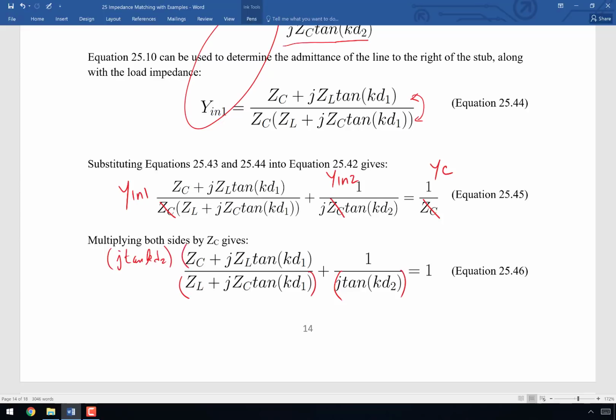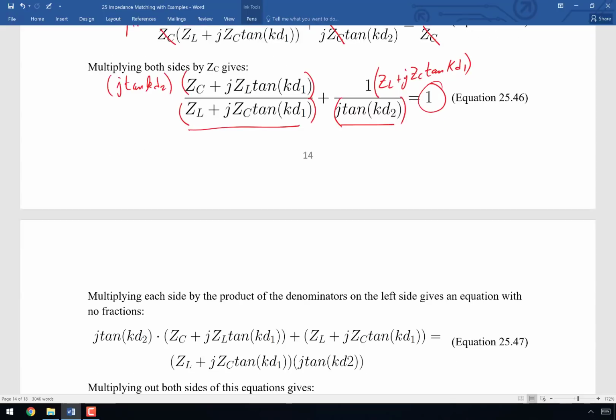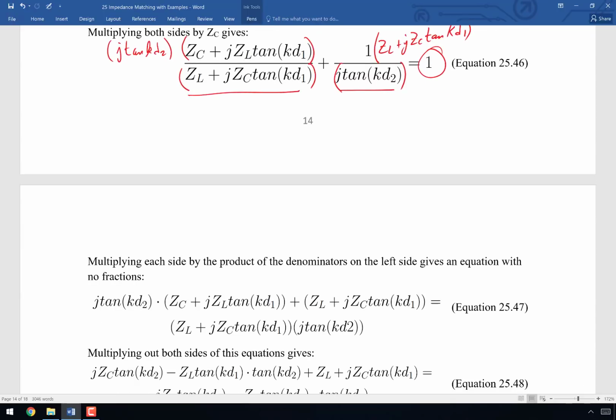And this one is going to only get z sub l plus j z sub c tangent of kd1. So that's this quantity right here. But then the right-hand side is going to get both of them multiplied together, so we're multiplying through by the product of the two denominators on the left-hand side.